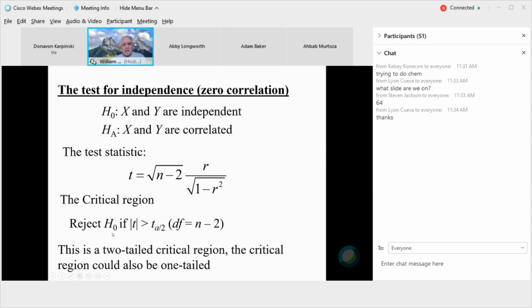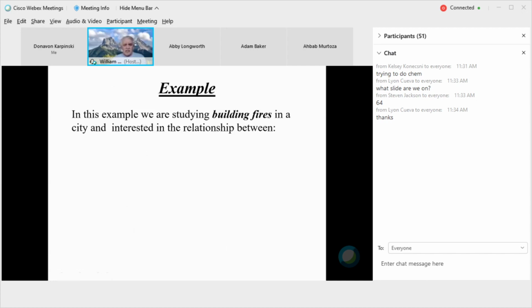We reject the hypothesis of independence if t in absolute value is large. This will be true if r is close to +1 or -1. This is a two-tailed critical region. You can also have a one-tailed if you were trying to prove that it had positive correlation or prove that it had negative correlation.